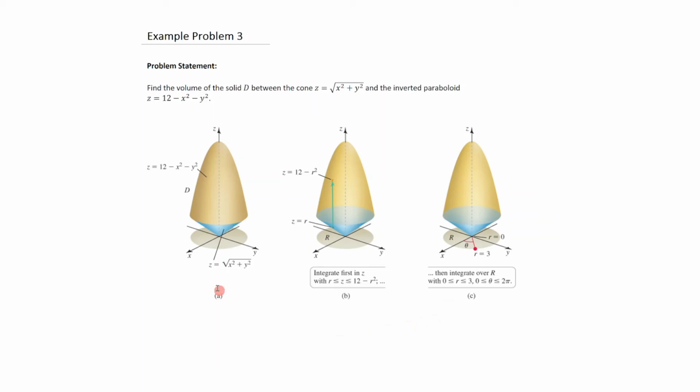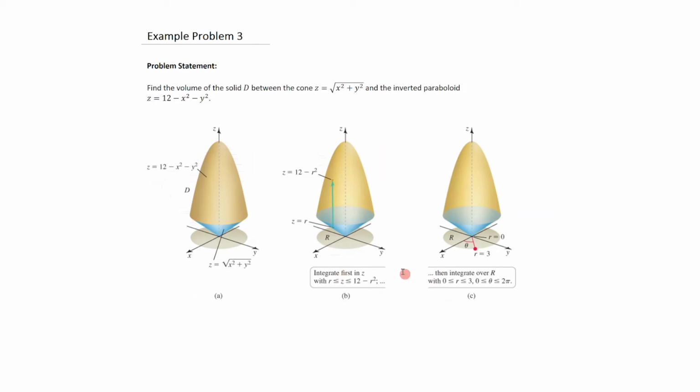Here's a picture involving just a description in Cartesian coordinates. So the cone would be just z equals the square root of x squared plus y squared, which you see here. And the paraboloid would be 12 minus x squared minus y squared, what you see here. So you integrate with respect to z first, which means you're going between the lower surface and the upper surface.